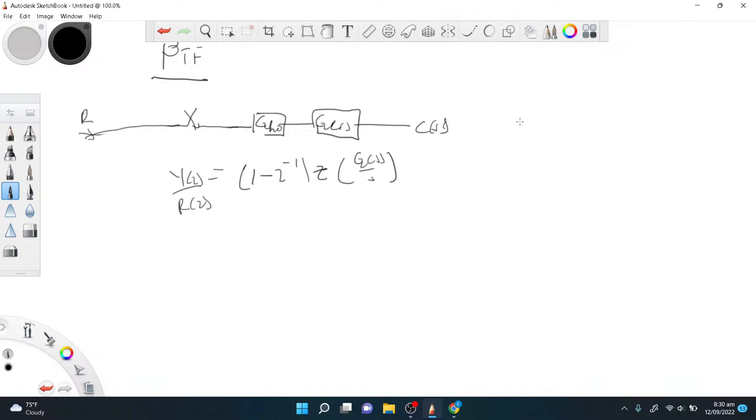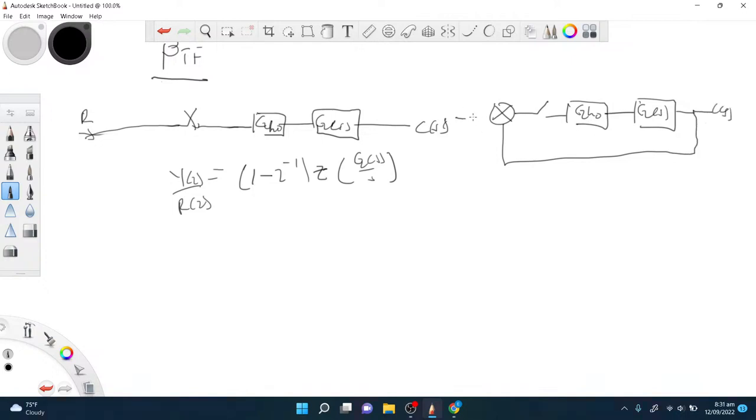Okay. When you have a closed loop transfer function, r of s, unity feedback.